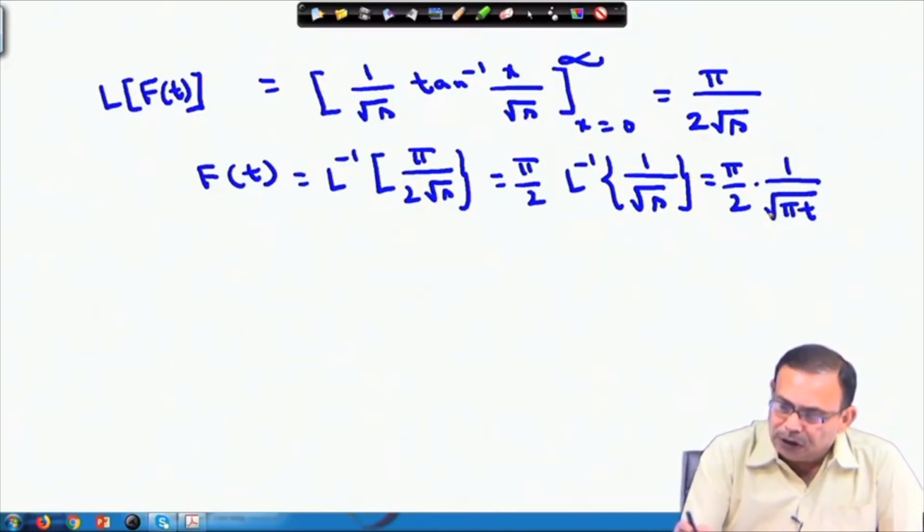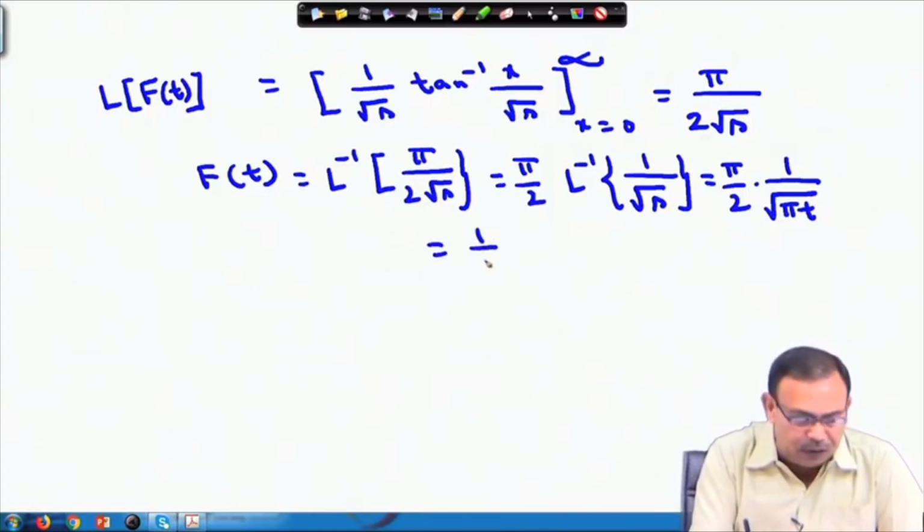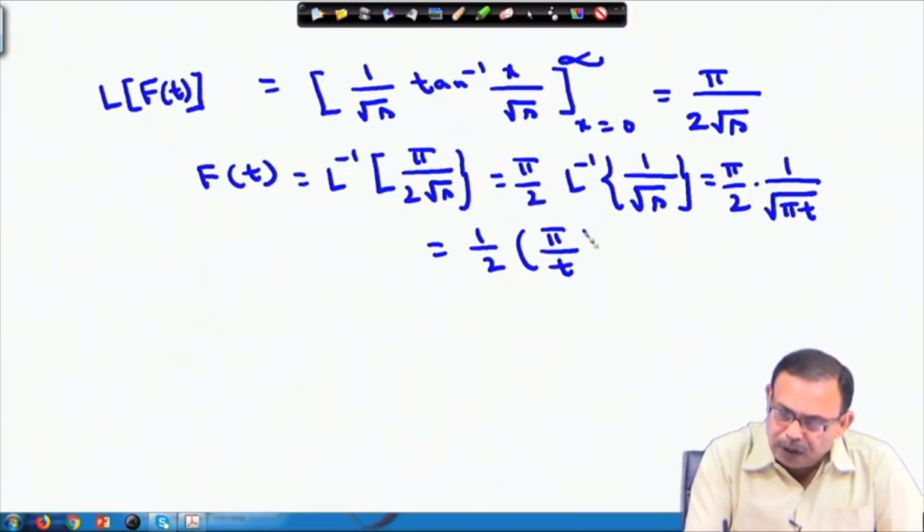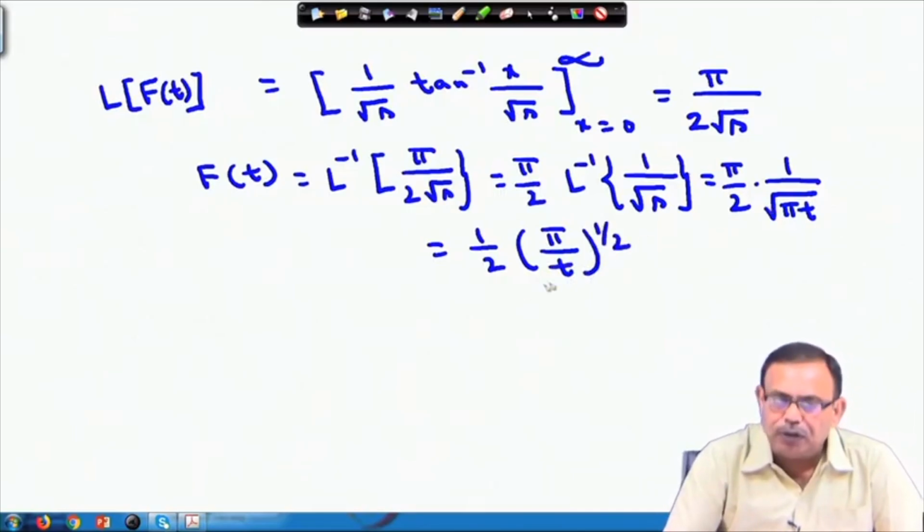So the value you will obtain is half into pi by t to the power half. One pi will be cancelled, basically root pi by root t.